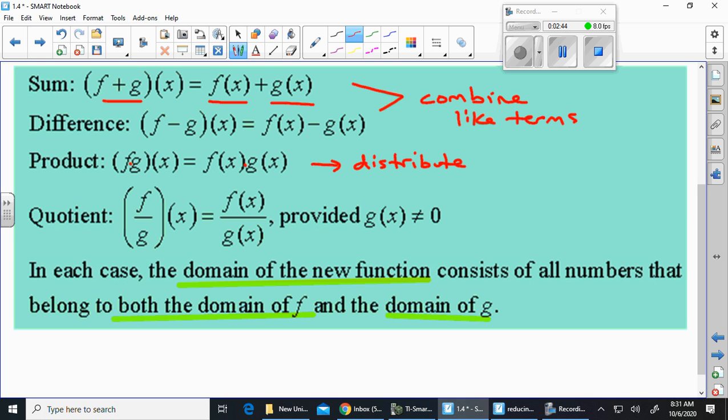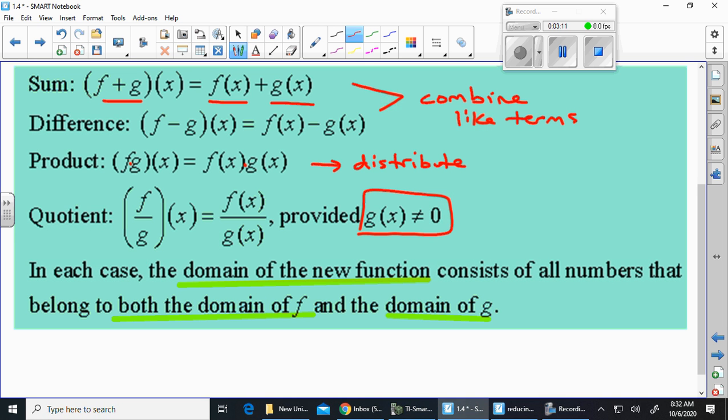Quotient, f divided by g. This was when we first started. There were exceptions. You have to remember that g of x cannot equal 0. So that's really where this idea of the new domain comes in: it has to belong to both the domain of f and the domain of g.